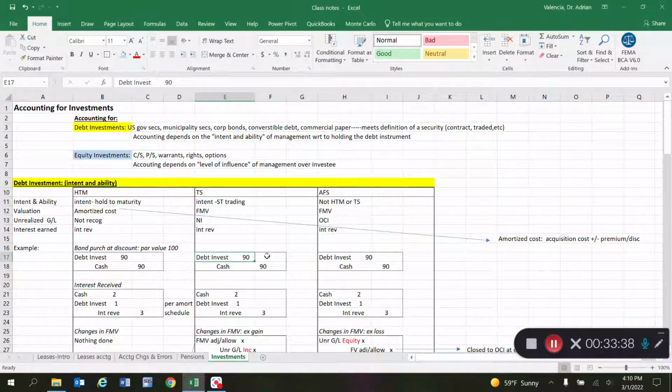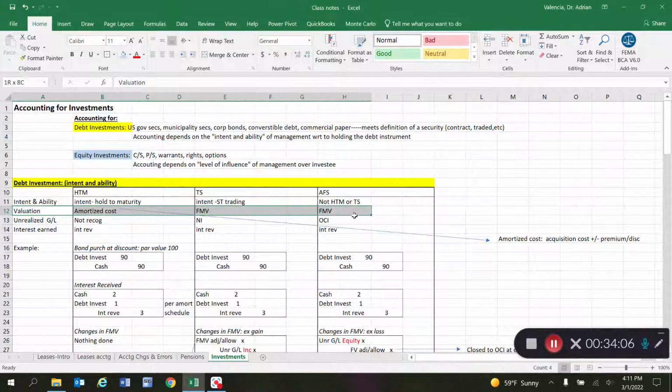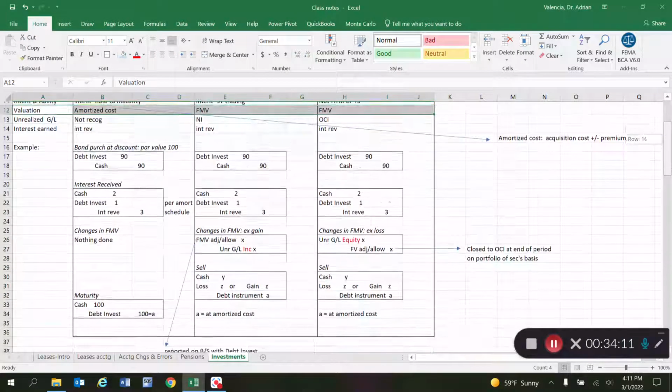When you look at accounts receivable, for example, accounts receivable is carried at the net realizable value. When you think of inventory, inventory is carried at the lower of cost or NRV, or sometimes the lower of cost or market. So in other words, what I'm trying to get you to appreciate is that a set of financial statements has many different valuation metrics, and that makes it complicated for some people to really comprehend.